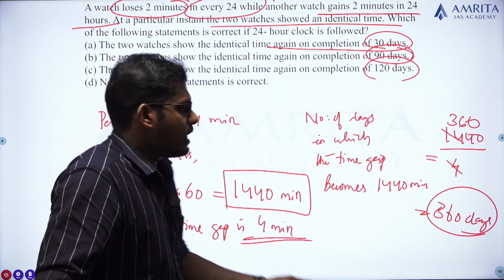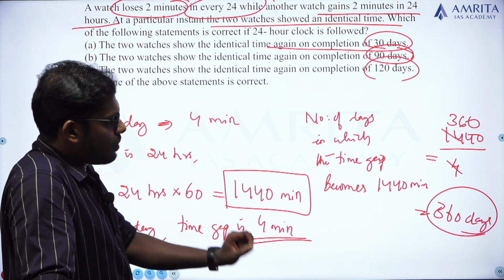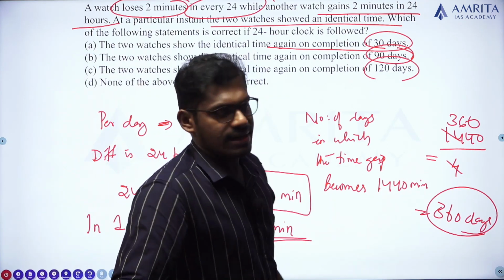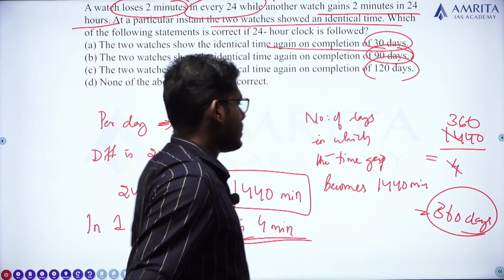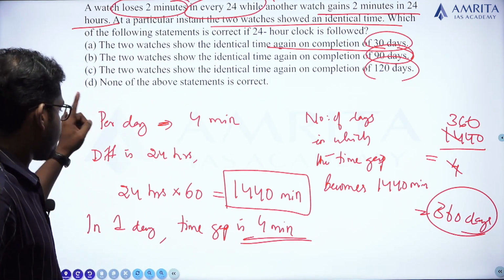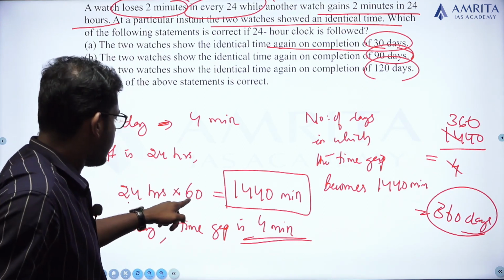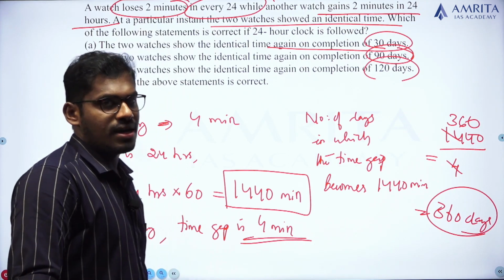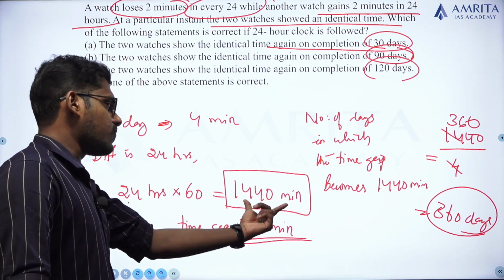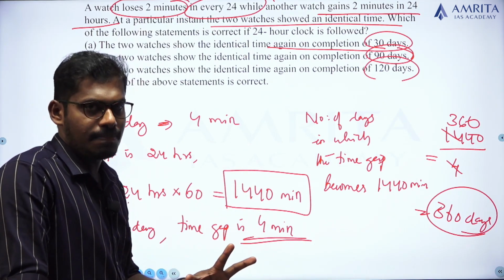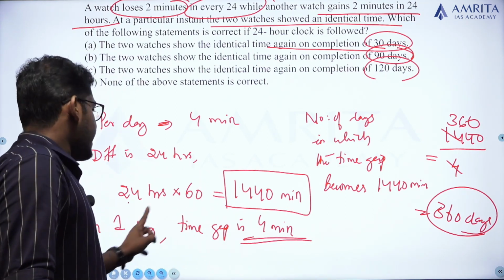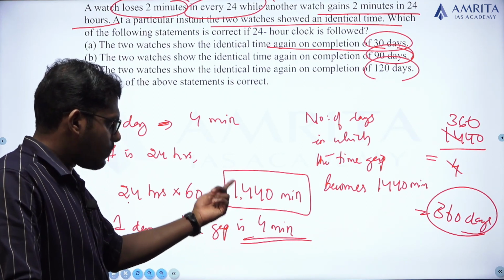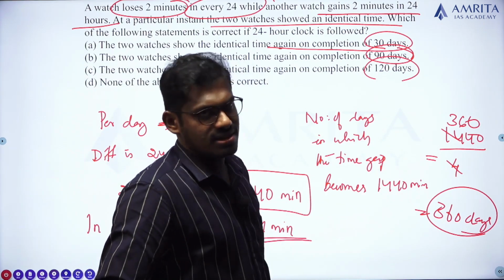If the gap has to become 24 hours, it will take 360 days. How did we get 360 days? We know that 24 hours converted into minutes is 1440 minutes. So if the gap is 1440 minutes, they will show identical time. In one day the time gap is 4 minutes. To attain the time gap of 1440, it requires 360 days.